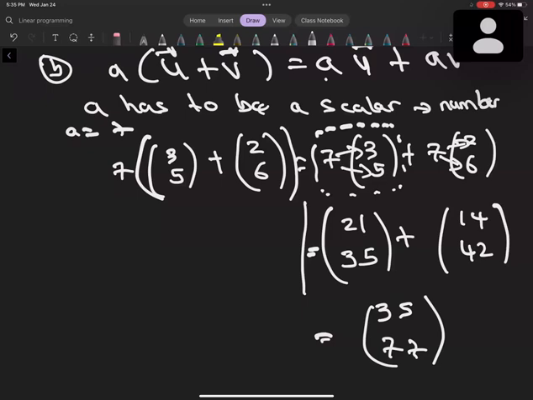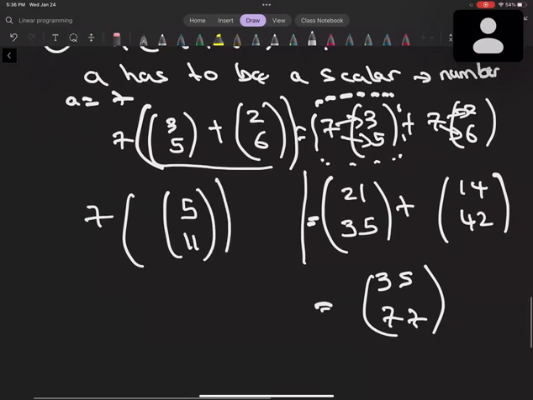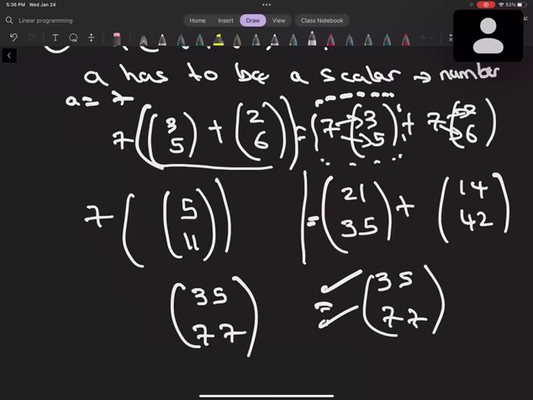So now on the other hand, here, first I need to make my sum. So I have 7 times (3 plus 2 is 5, 5 plus 6 is 11). So I get 7 times 5 is 35, 7 times 11 is 77. Look, I got the same.